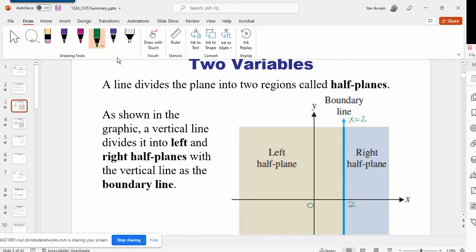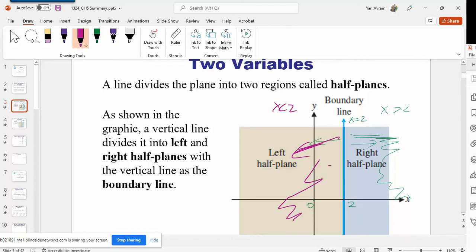This straight line basically separates the entire plane into a left half of the plane and a right half of the plane. If I say x is greater than 2, it will be the right-hand side, all of this right here, okay? If I say x is less than 2, that will be on the left-hand side, everything to the left here.